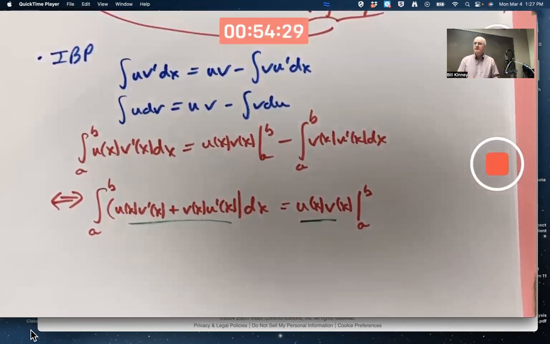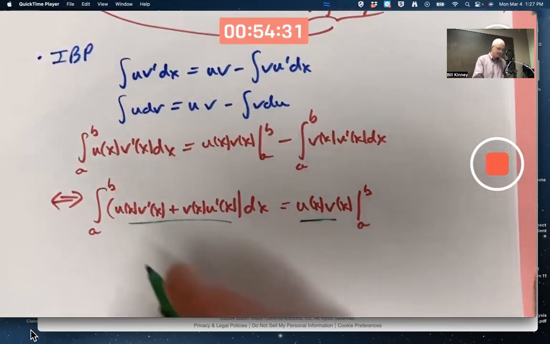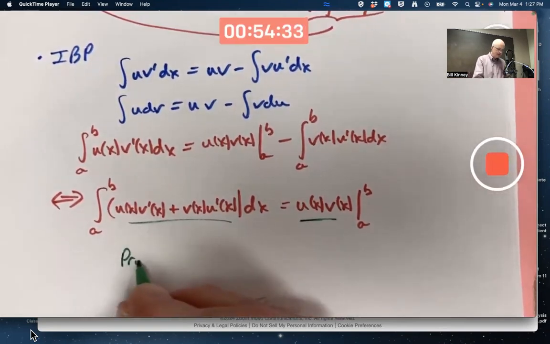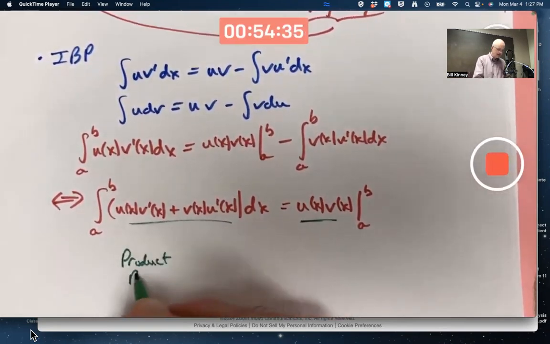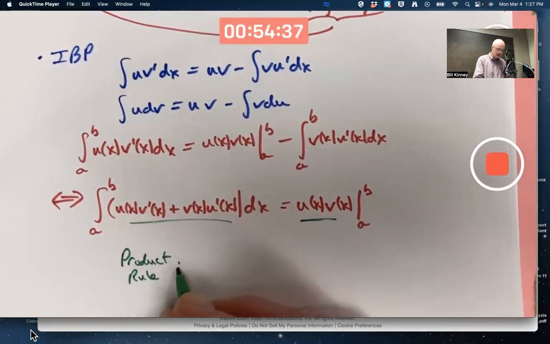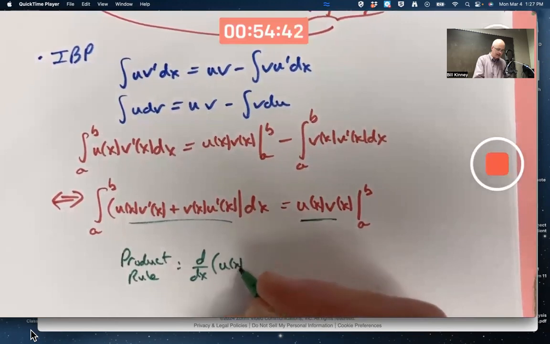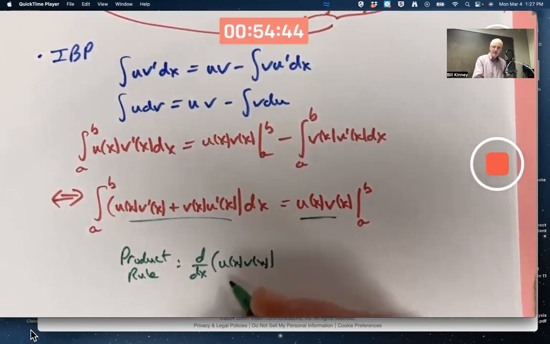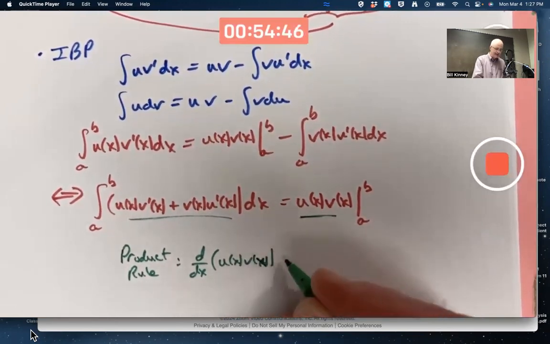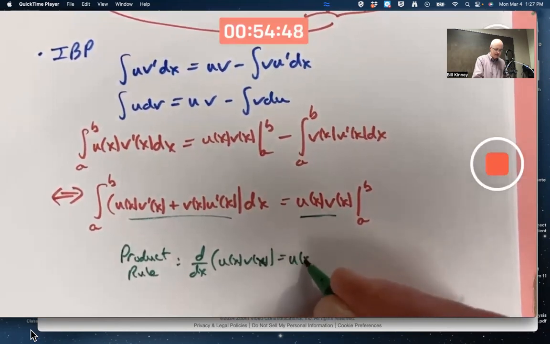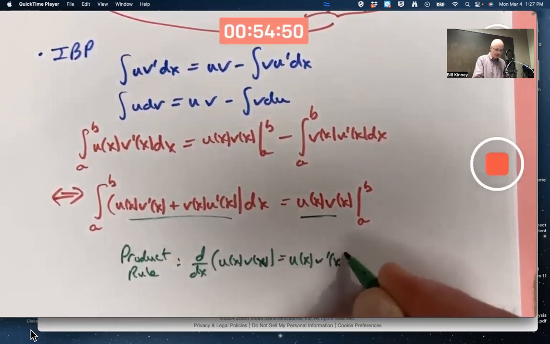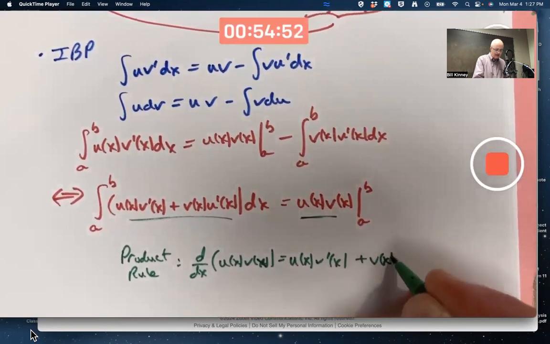Integration by parts reverses the product rule. Product rule says that the derivative with respect to x of the product u of x times v of x, a left function times a right function, is left d right plus right d left.